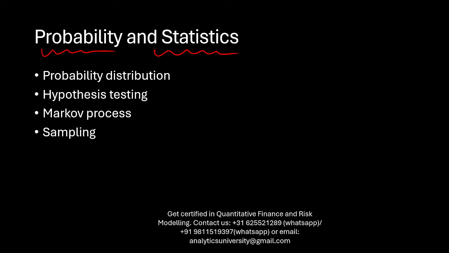If you've done some courses in your bachelor's or master's program, that's well and good. But if you really want to brush up, I highly recommend going through some courses on Khan Academy or Coursera. They're really good probability and statistics courses. You need to focus on probability distributions, hypothesis testing, and sampling.